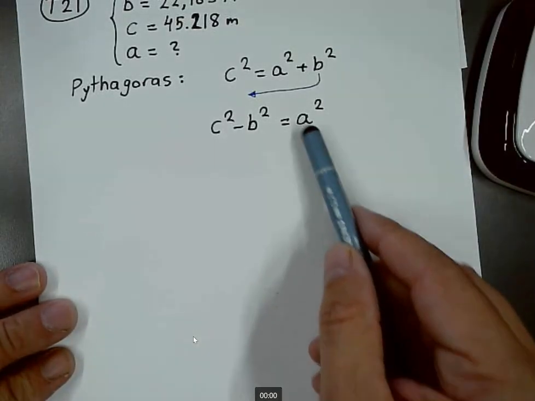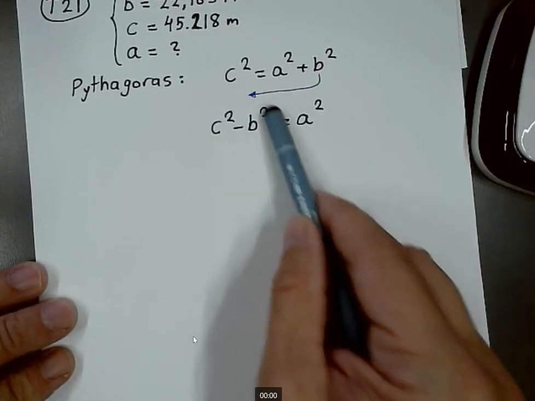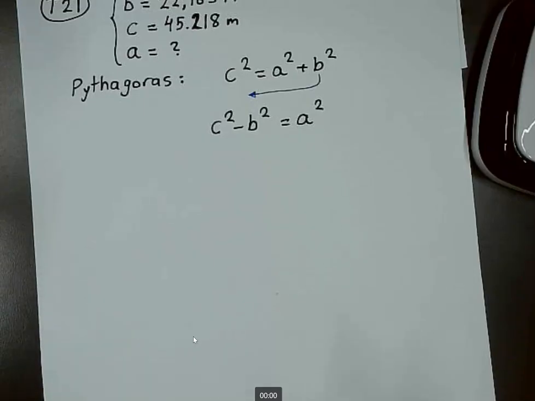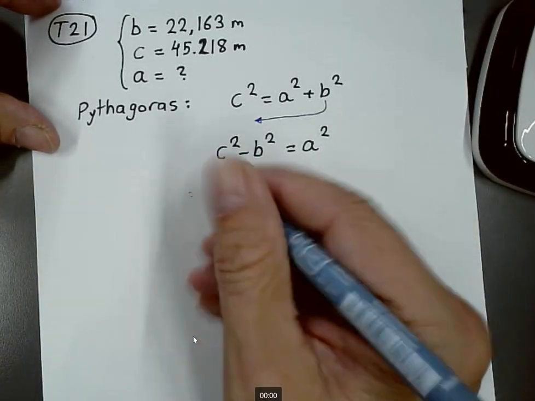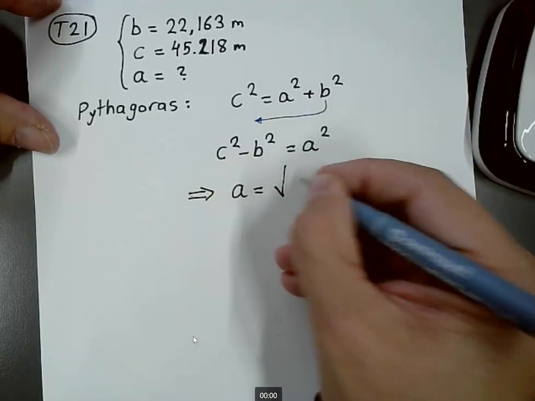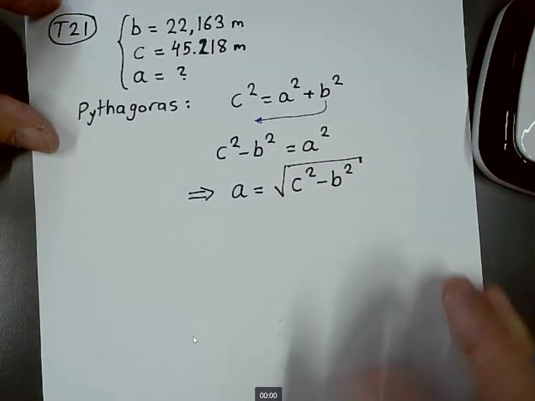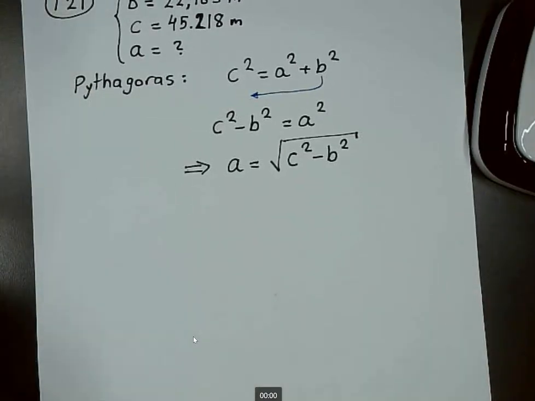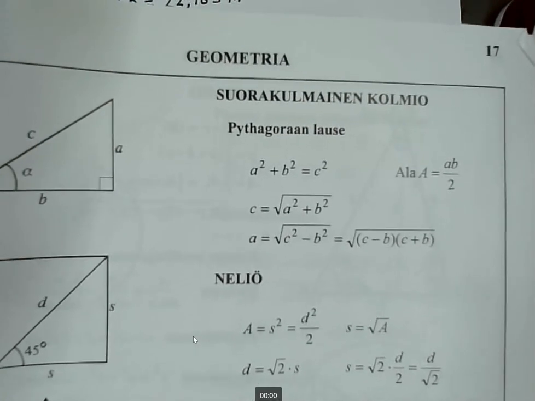So it says that a squared equals this here. When we need to find the value of A, we take the square root. So this means that A is equal to the square root of this, as we saw in this formula book.